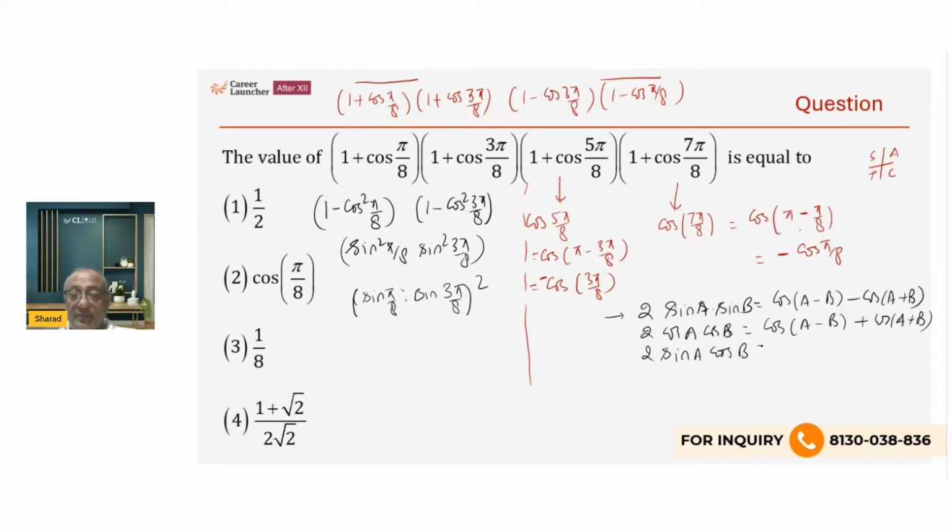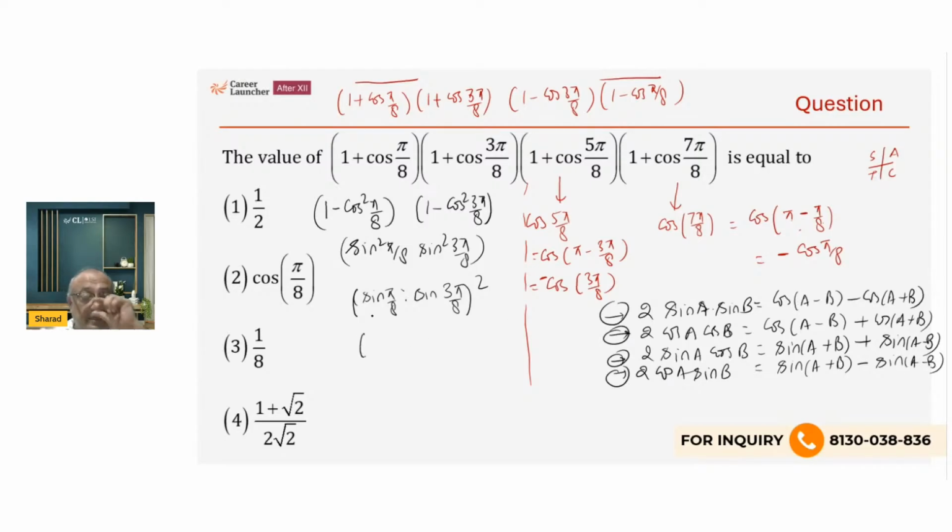In cos, negative comes first; in sin, positive will come first. Sin A plus B plus sin A minus B. And what will be the value of 2 cos A sin B? These are our formulas. Please remember this: 2 cos A sin B is equal to sin A plus B minus sin A minus B.